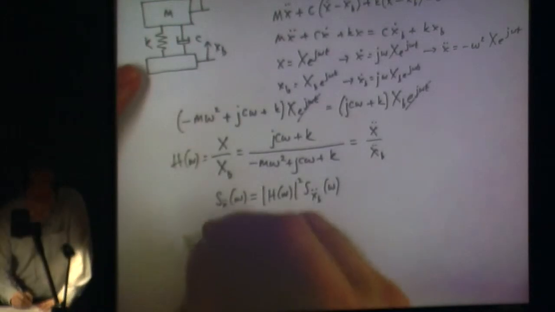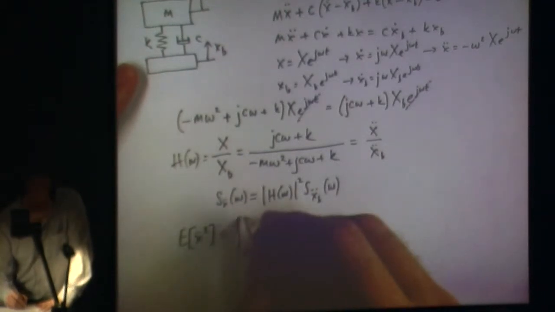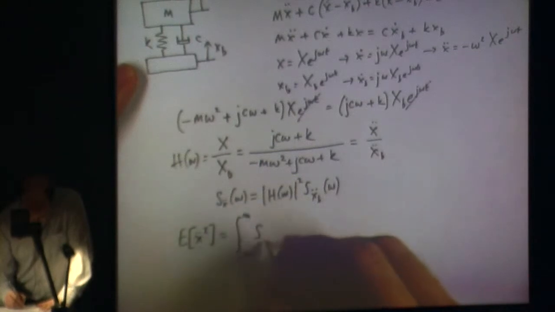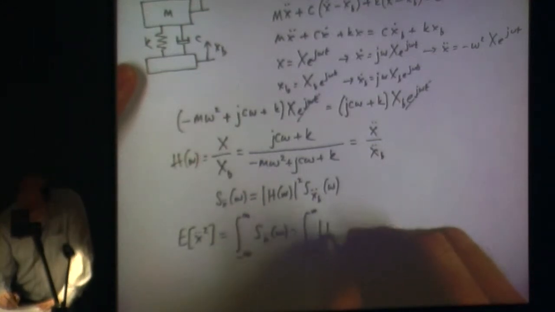And we know the expected value of x double dot squared, which is what we're looking for, is the integral between minus infinity and infinity of S x double dot omega.